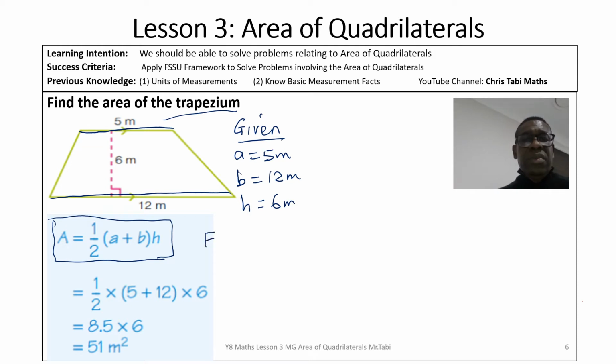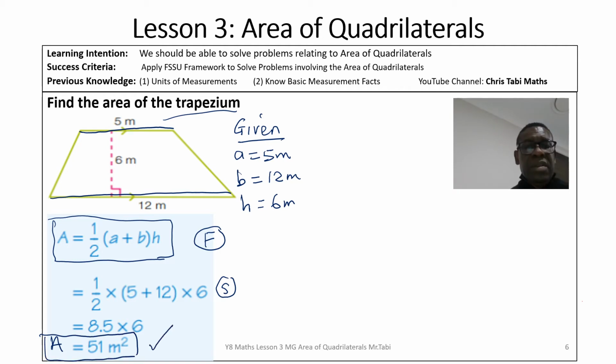So you always write down your formula, you do the substitution, then you can grab your calculator to simplify and get your final answer. So A is equal to that. That is made up of the simplification and the unit, which is the square meters.